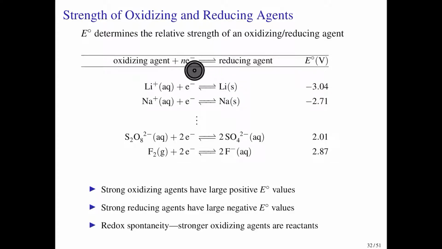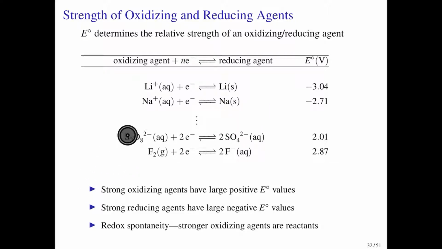So it would much rather be in the lithium plus species. And so we can use these numbers to compare two oxidizing agents to one another, or to compare two reducing agents to one another.